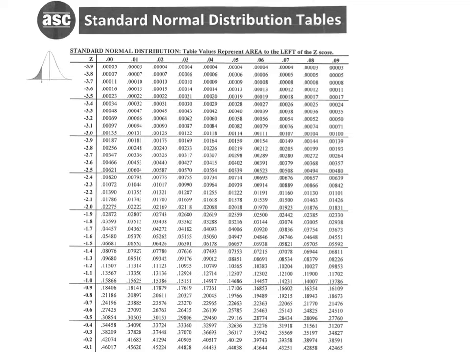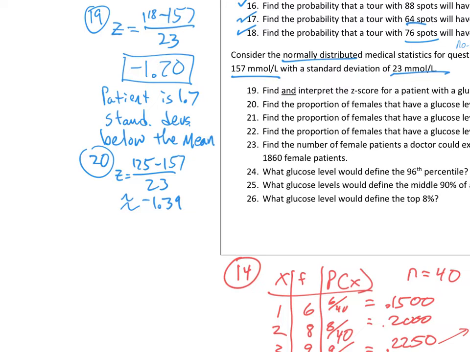That gives us 0.08226 is our number. Okay, so that means 8% of females will have that glucose level. That is the proportion of females.